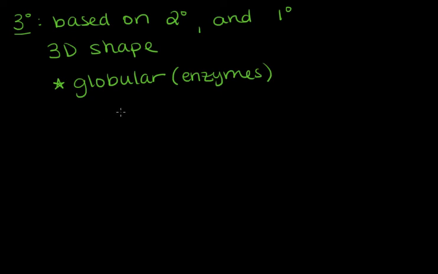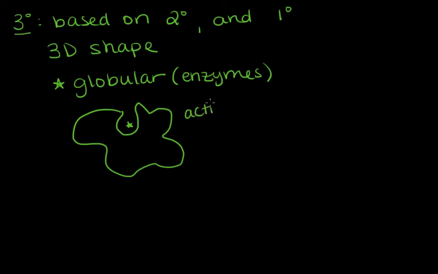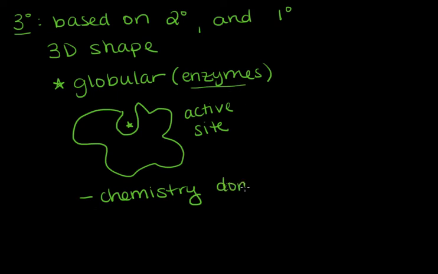So they're kind of like circular, and they have a special region right here that's called the active site. And this is where some sugar or some lipid or some chemical is going to bind here, and these are going to perform chemistry. So enzymes are a special type of protein that perform chemistry. So chemistry is done by enzymes.